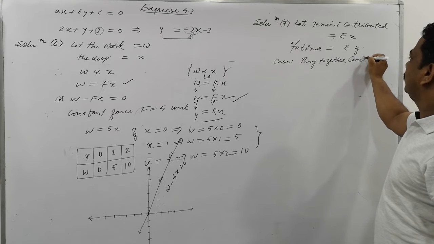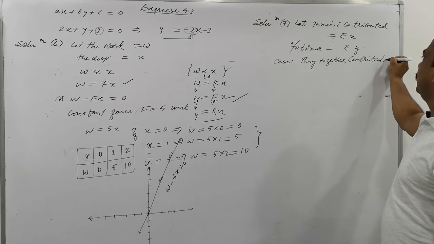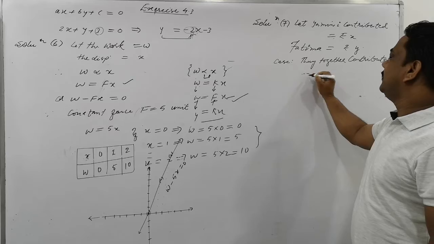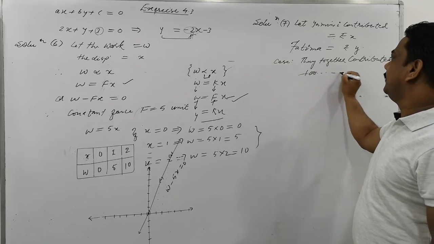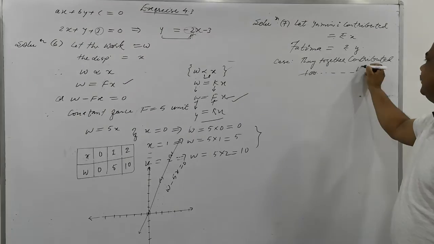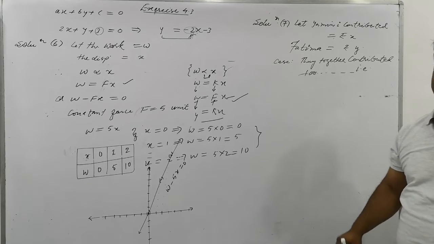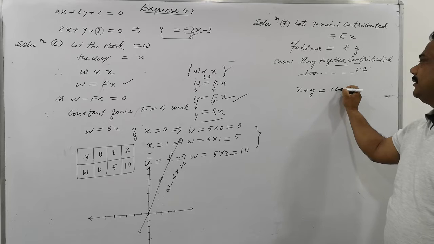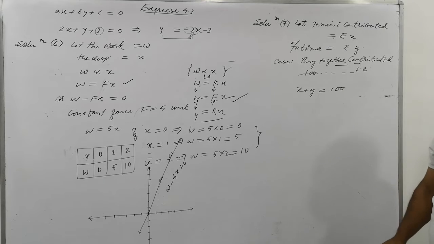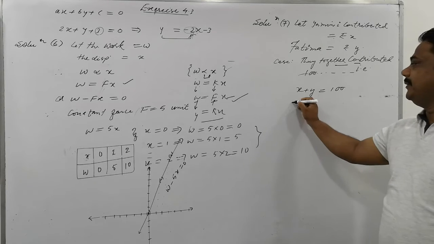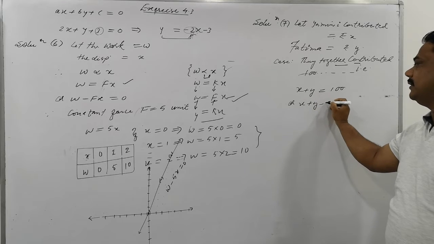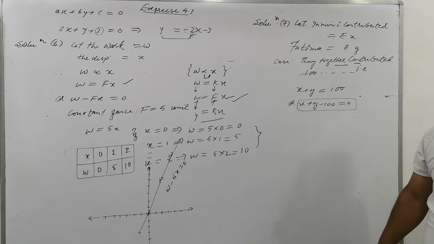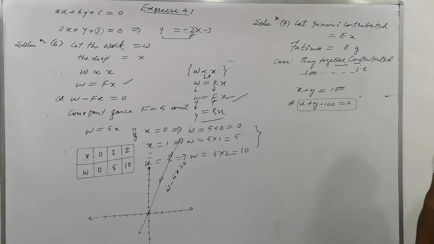They together contributed. How much? Rupees 100. This information is to be converted into symbolic form. So together contributed means X plus Y is equal to 100. Is it a linear equation? Yes. To bring it in the standard form, X plus Y minus 100 equals 0. But the standard form is not fully used here right now. While drawing the graph, we need to convert them into slope form, right?